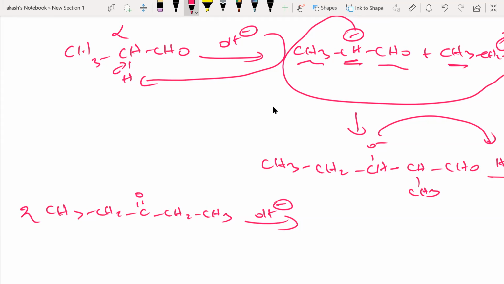Remember that this is the alpha carbon, and again this is the alpha carbon.